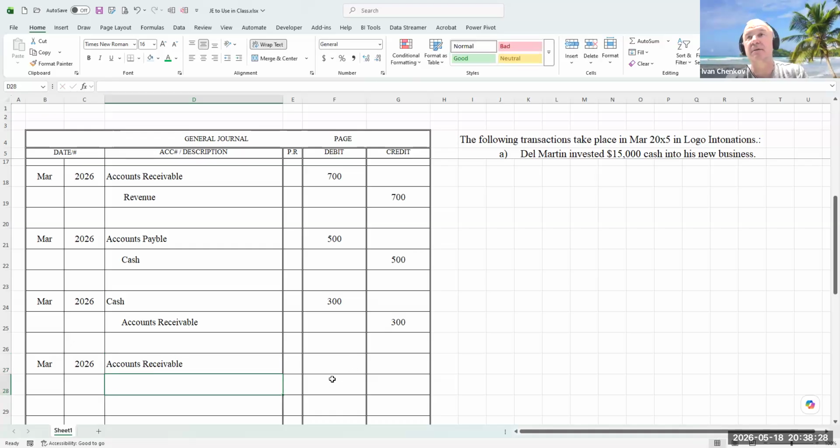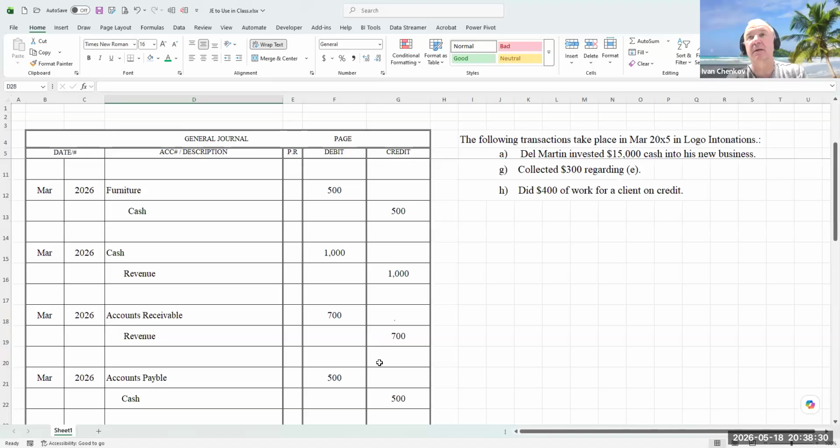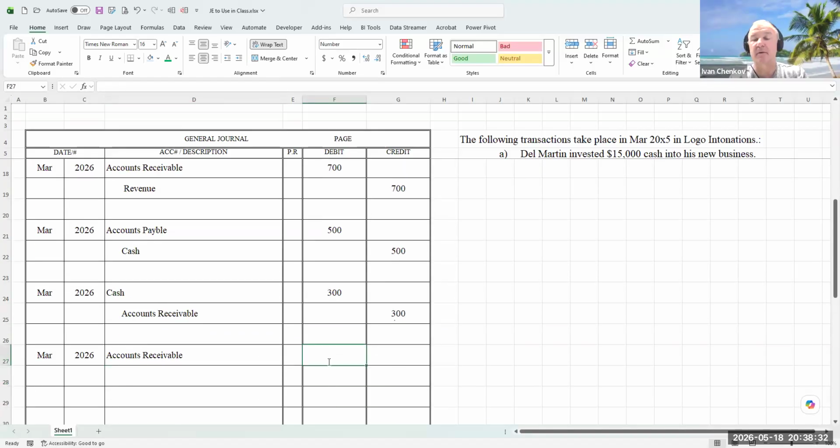How much was that? $400. Why do we have accounts receivable? Because we provided services in the form of revenue. Correct? $400. Does this make sense? Yes.